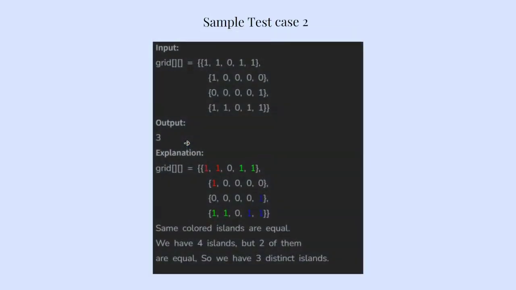And the next sample test case is, consider this grid 1 1 0 1 1, 1 0 0 0 0, 0 0 0 0 1, 1 1 0 1 1. The output for this grid is 3, and the explanation here is the red colored ones are considered to be one island, the green colored ones are considered to be one island, and the blue colored ones are considered to be one island.